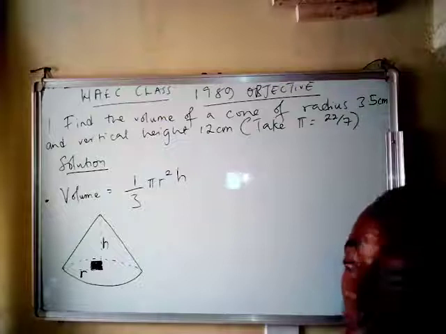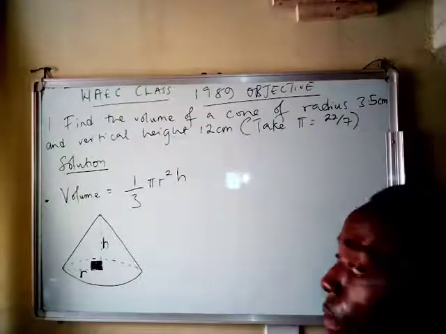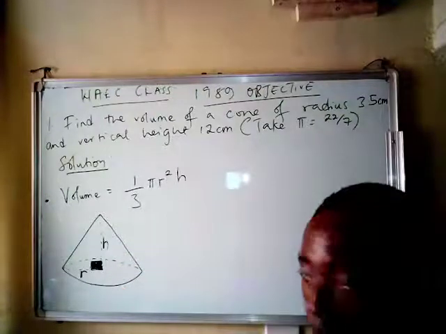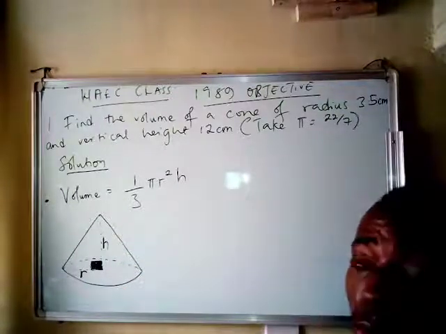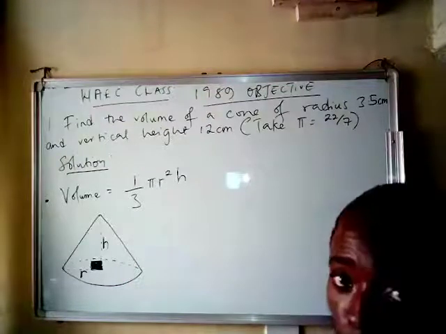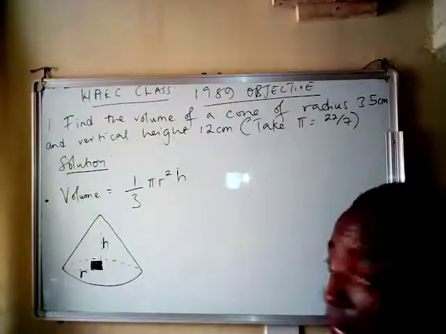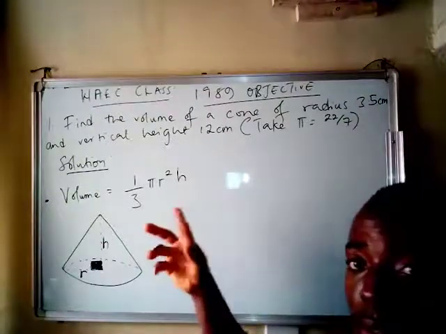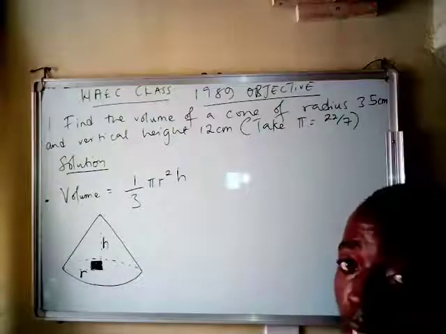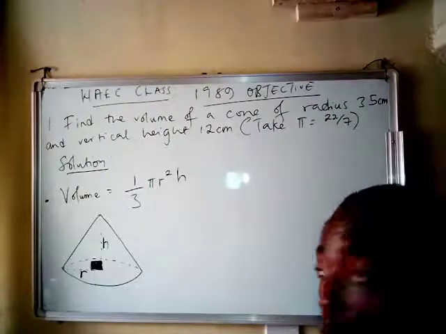Alright, let's head to the solution proper. I have drawn the shape of a cone, and I've also fixed in some of the sides so that you get to know where to fix it in. And I've given you the standard formula for finding the volume of a cone.